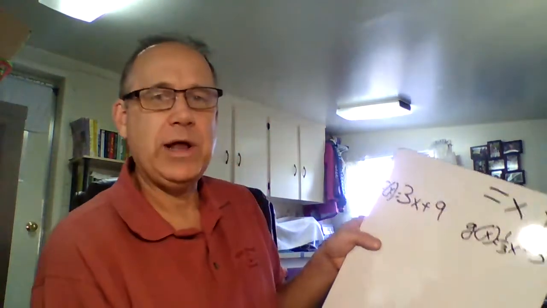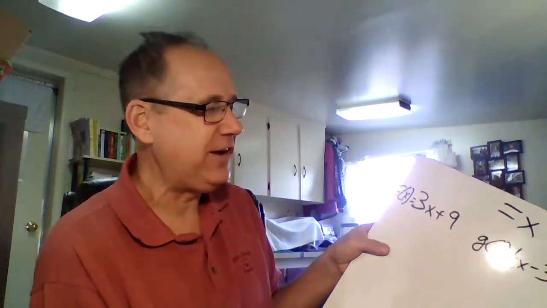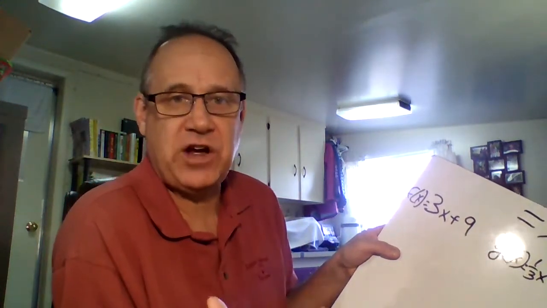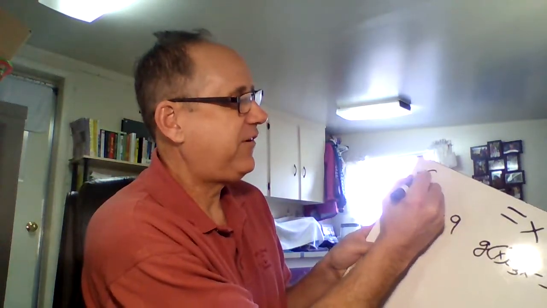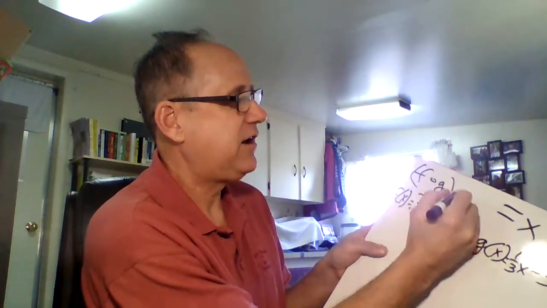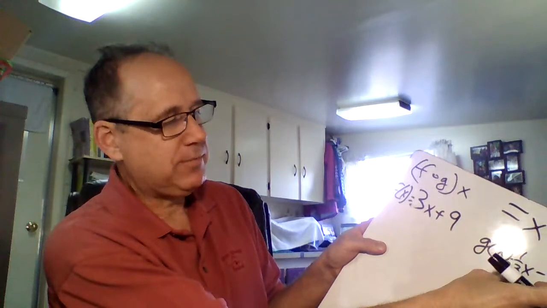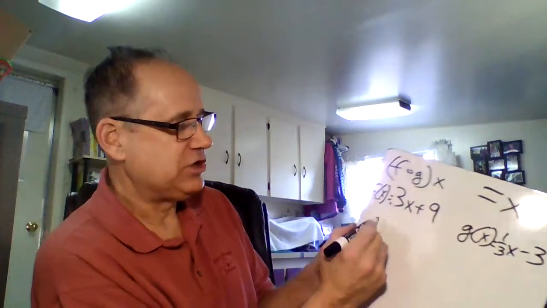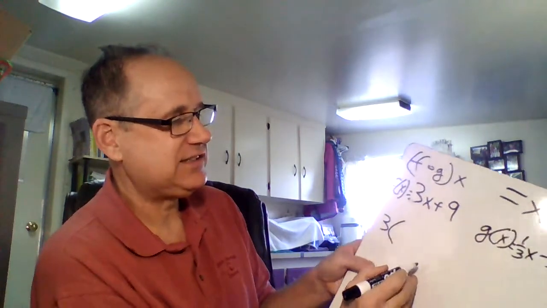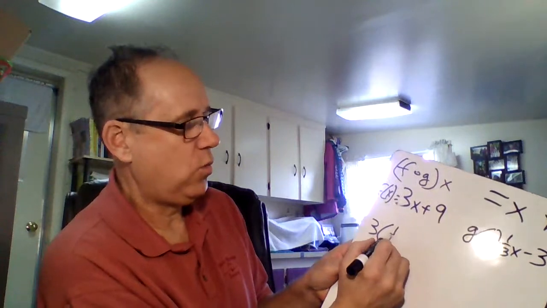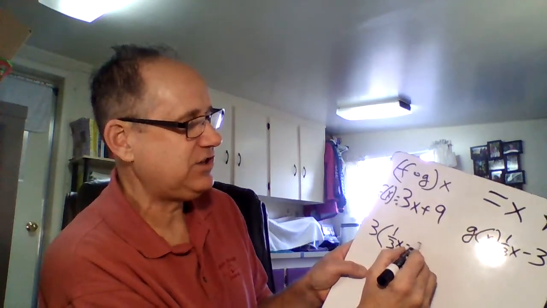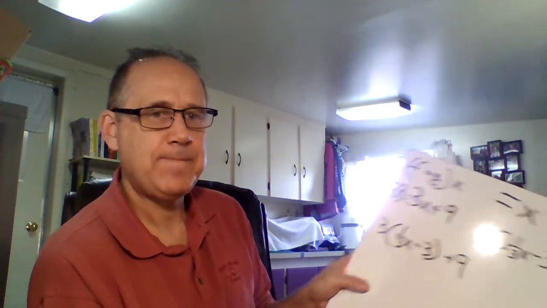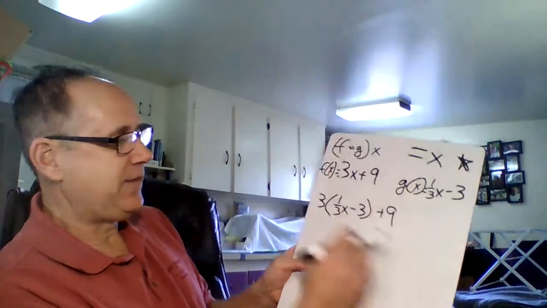When I'm trying to verify if they're inverses of each other, I'm going to do the composition f of g of x, meaning I'm going to plug my g function in for the x of my f function. So I'm going to replace my x here with 1/3 x minus 3, plus 9.